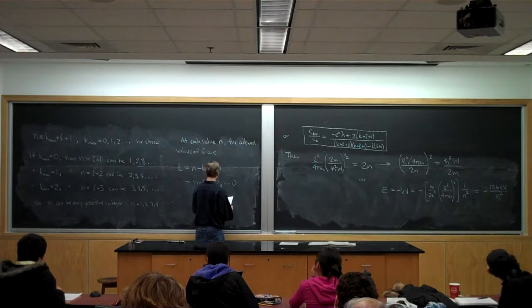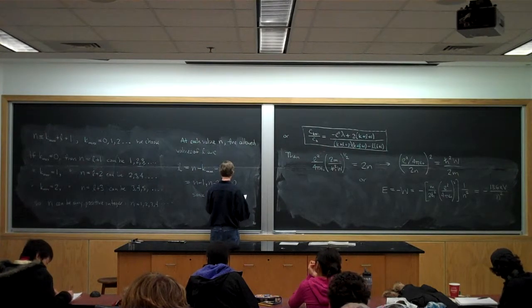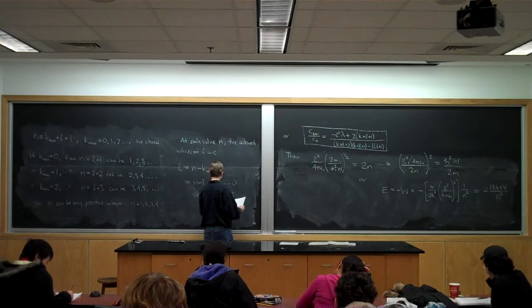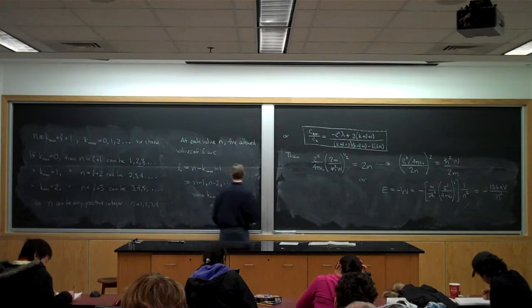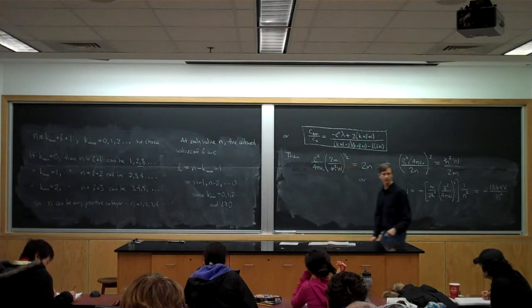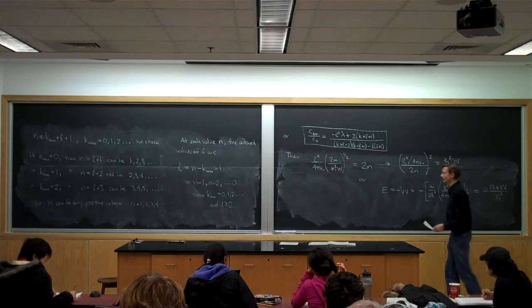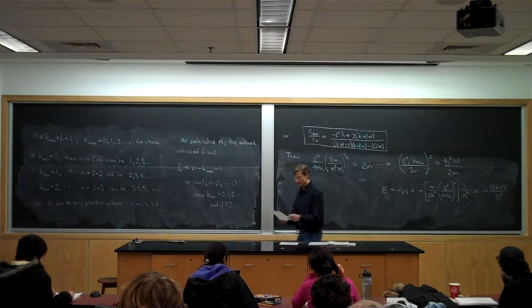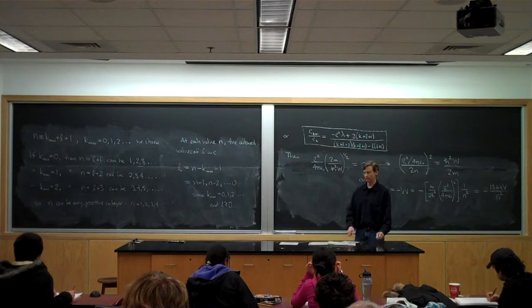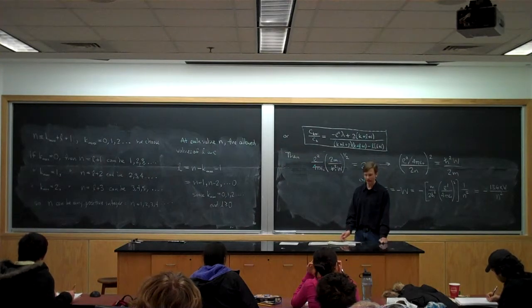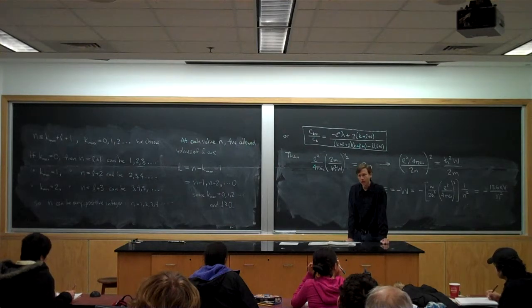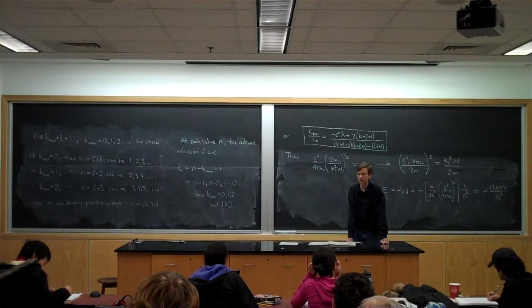So here, since k max is equal to 0, 1, 2, etc., and we know L has to be greater than or equal to 0, therefore that has to stop with L equal to 0. We can't keep going with that. So this is the relation that you come to know and love from the past, the idea that for a given value of n, L goes from 0 to n minus 1 as its possibilities.